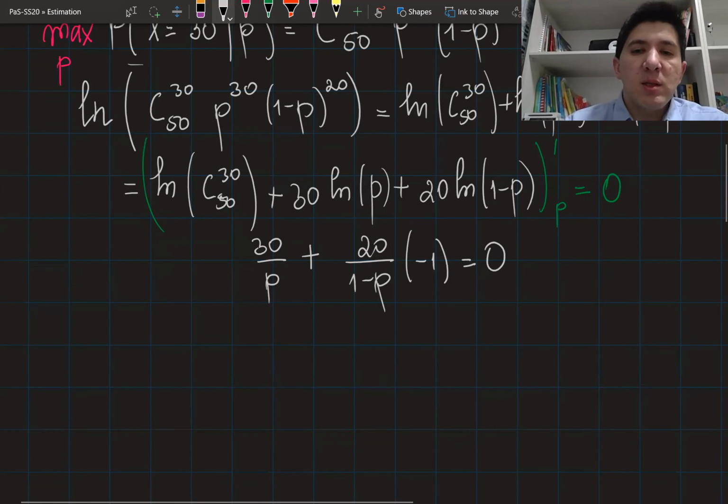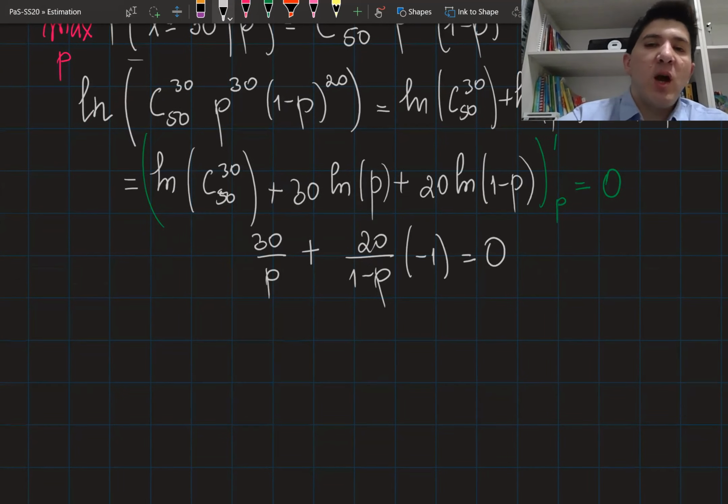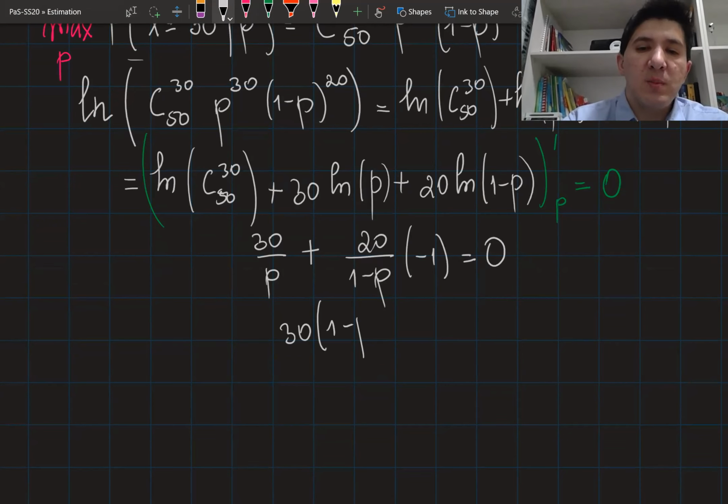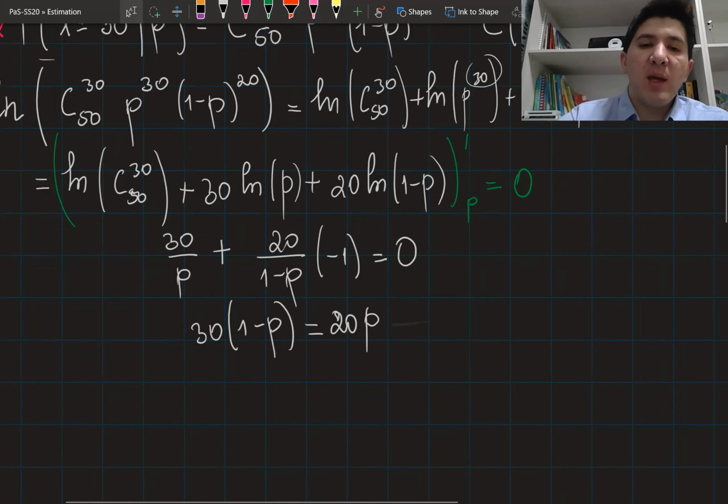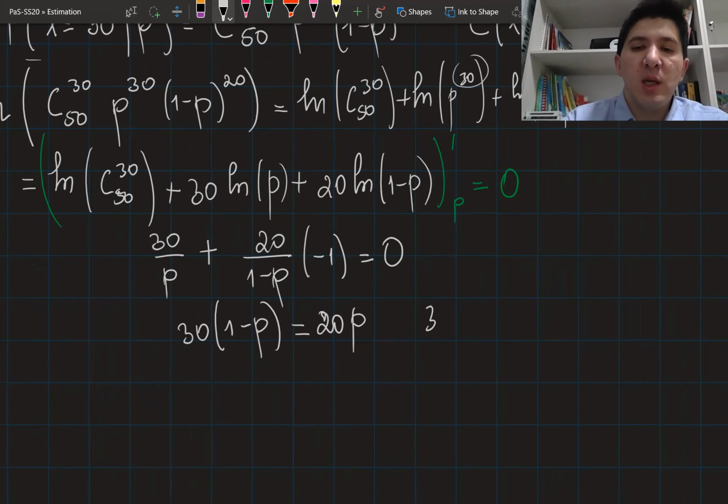And then I need to solve this for the value of p. I will take the common denominator. It's going to be 30 times 1 minus p, and this term is going to go to the right, and it's going to be 20 times p. If I open the brackets up, it's going to be 30 minus 30p equals 20p.